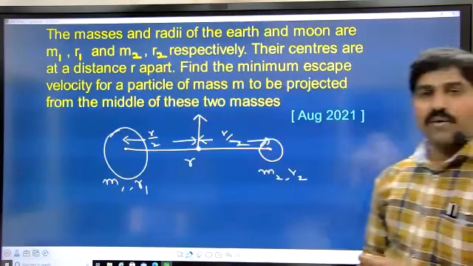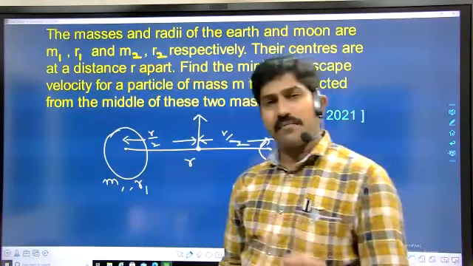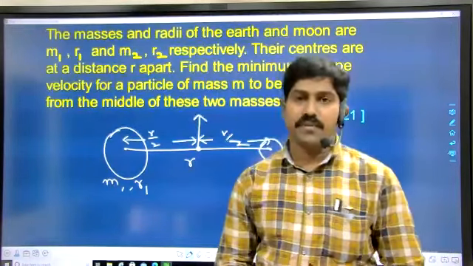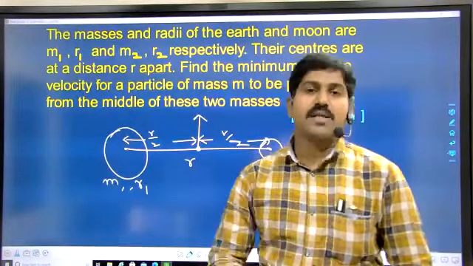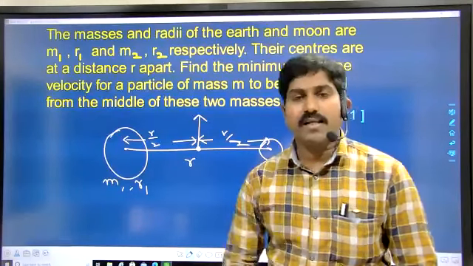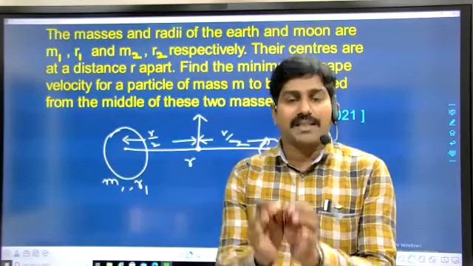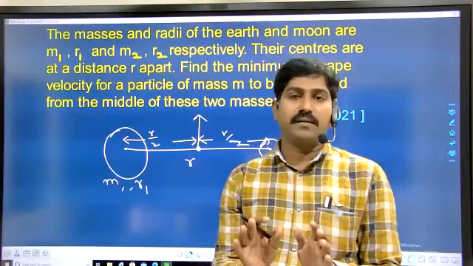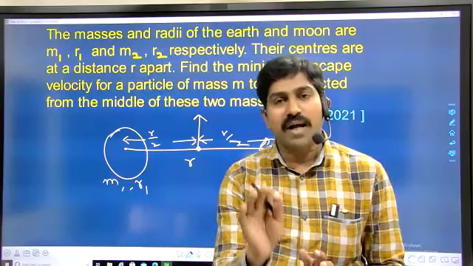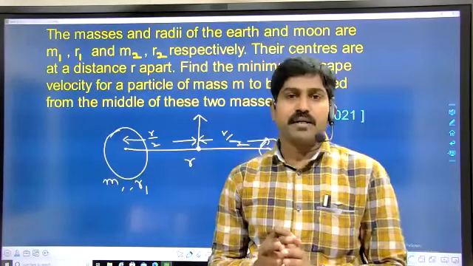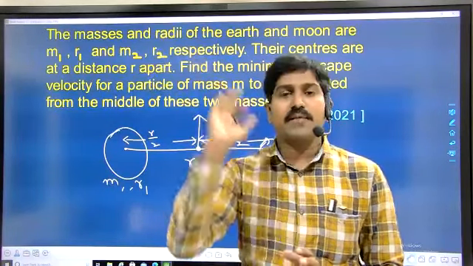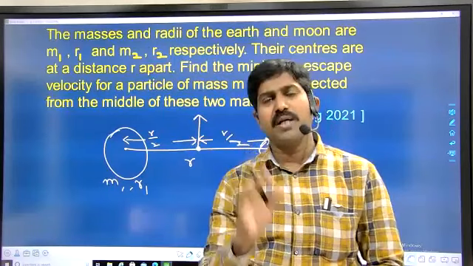Now, from any point on the surface or any point in a gravitational field, to calculate escape velocity, we see how much potential energy is there at that particular point for the particle. If the same amount of kinetic energy is given, then the particle can easily escape from the gravitational field. That is the basic point we should know.